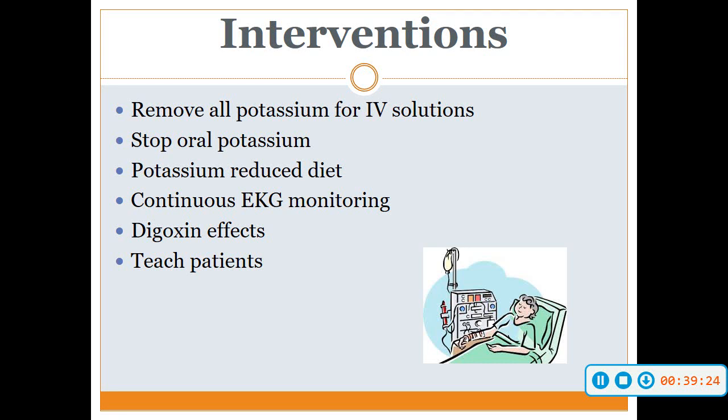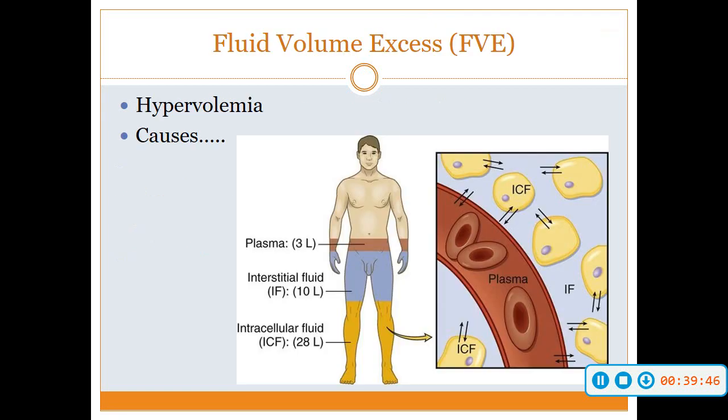So treat the hyperkalemia, your digoxin level should become therapeutic again once you get your hyperkalemia under control. Okay? And then teach patients who are at high risk for developing hyperkalemia which foods are high in potassium, signs and symptoms of increased potassium, when they should come in and get their labs checked.